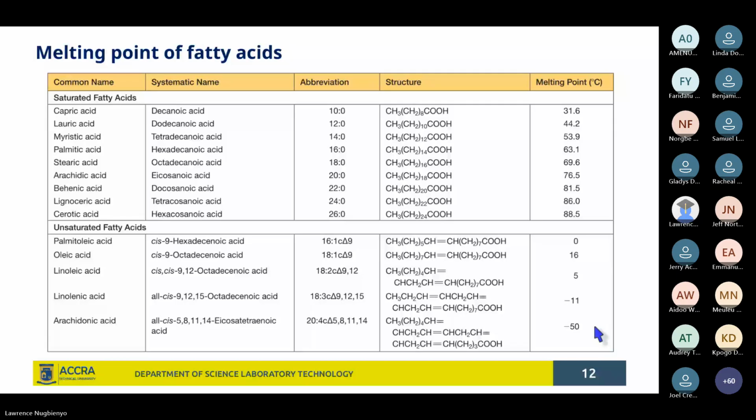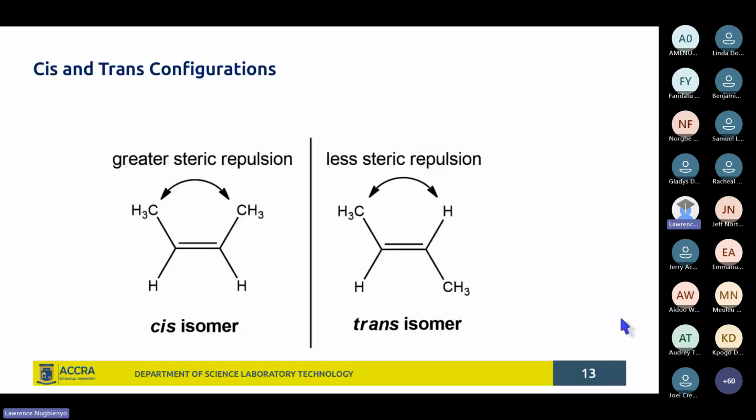Now, you come to see that in membranes, those things are important, because depending on the type of fatty acid that is present in the membrane, you can tell some physical chemical properties of such a membrane.